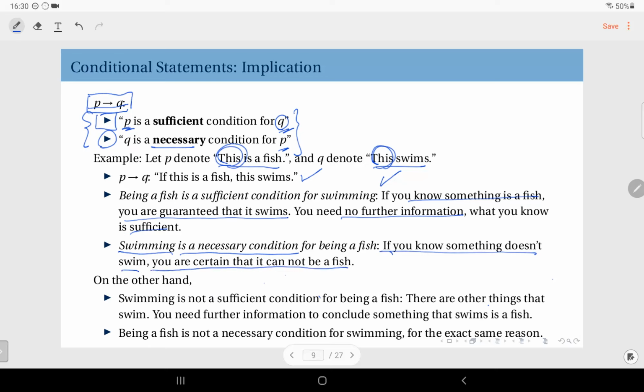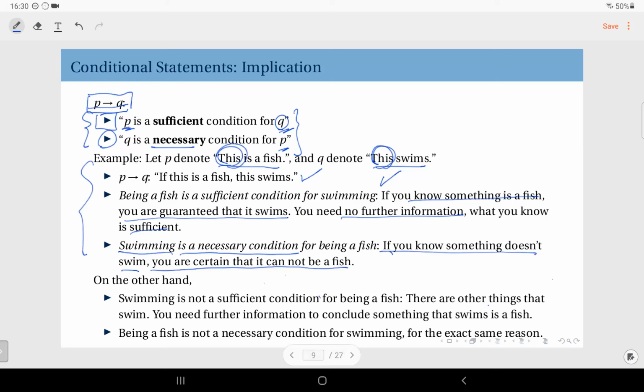It's a necessary condition, right? You don't need to check for other conditions. If you know it doesn't swim, this cannot be a fish because that is necessary for it to be a fish, right? So this is what we mean by sufficient and necessary conditions.